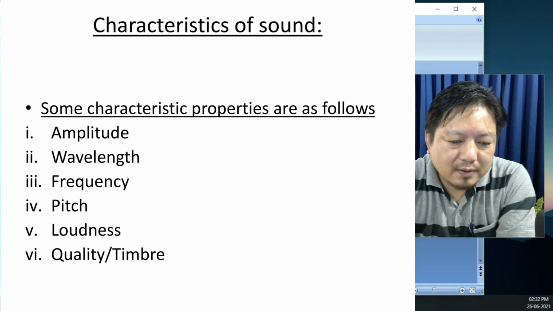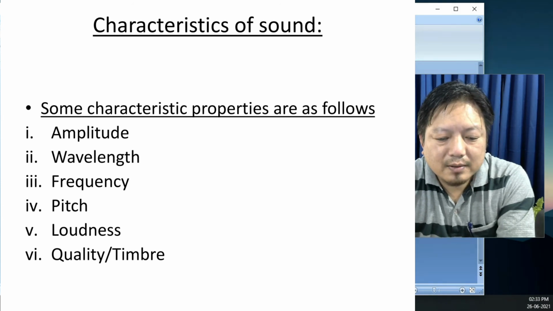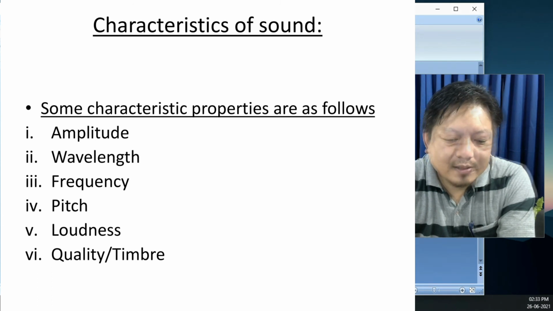Quality of a sound enables us to distinguish between two sounds of the same pitch and same loudness produced by two different sources. A sound of single frequency is called a tone, and a sound of a mixture of several frequencies is a note. In the next class we will talk about how we hear and how we make sound.